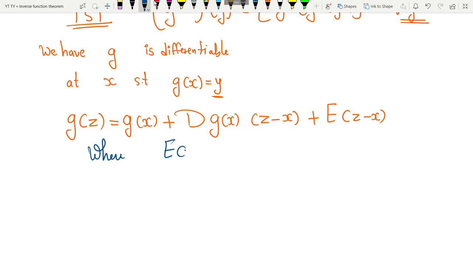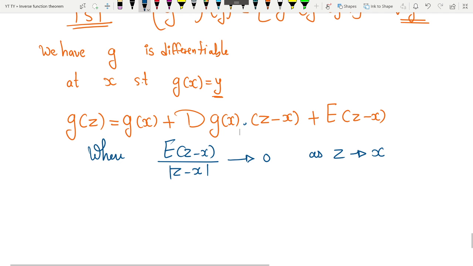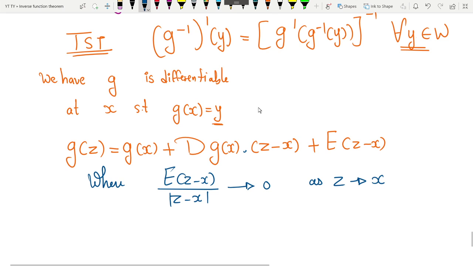The error function at z minus x, divided by the norm of z minus x, will tend towards 0 as z tends towards x. This is nothing but the definition of differentiability that we learned in SY. What is this derivative actually? This would be some matrix.